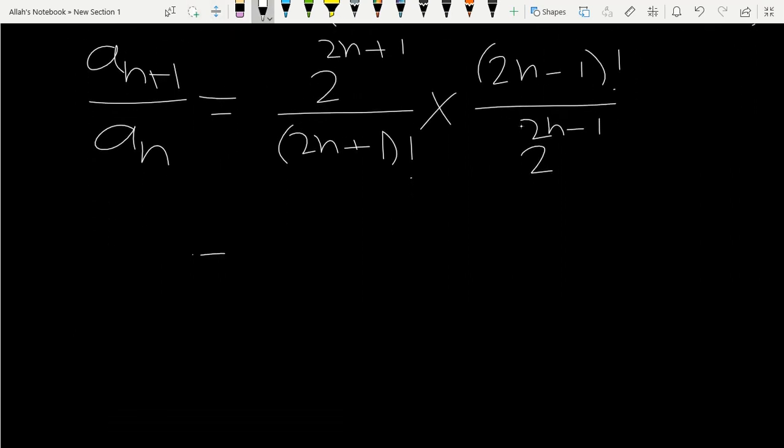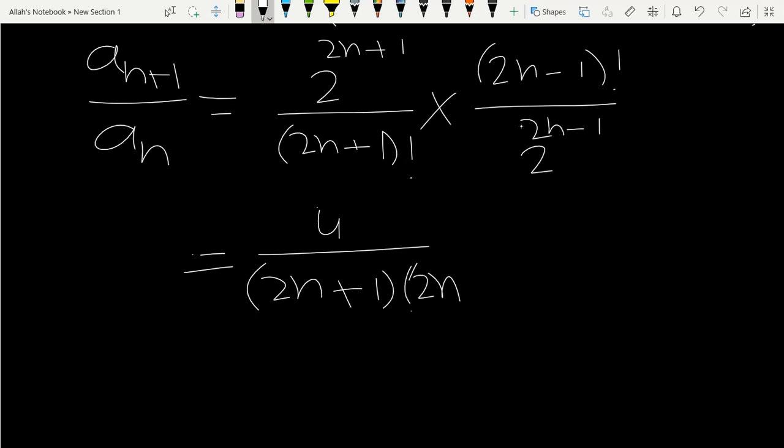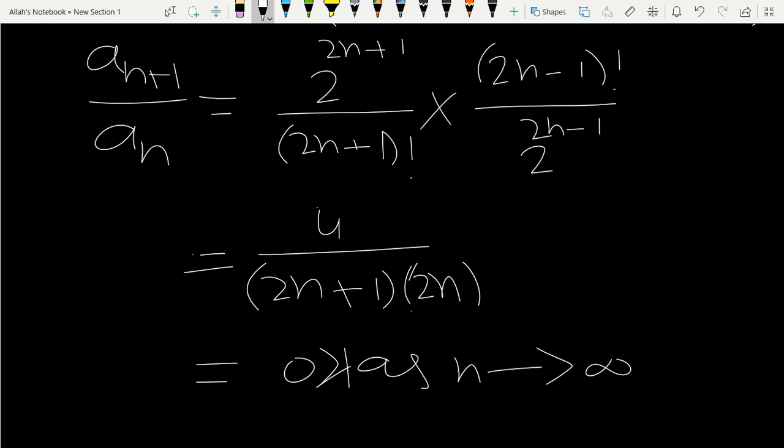This will be equal to 4 over (2n plus 1) into 2n. So this will be equal to 0 as n approaches infinity, which is less than 1.